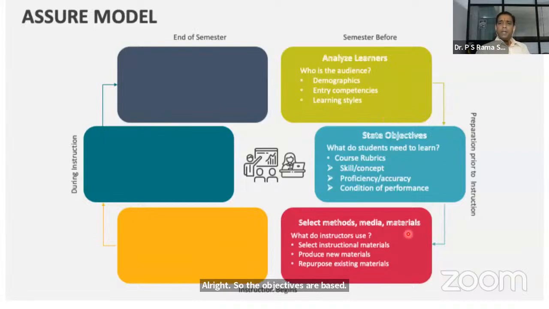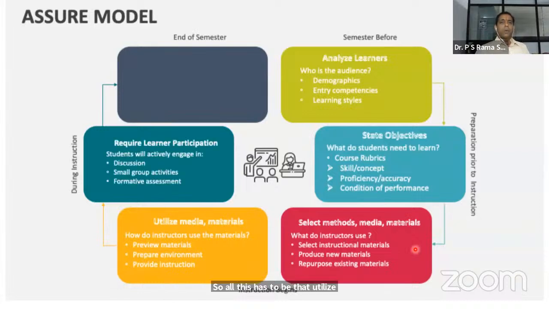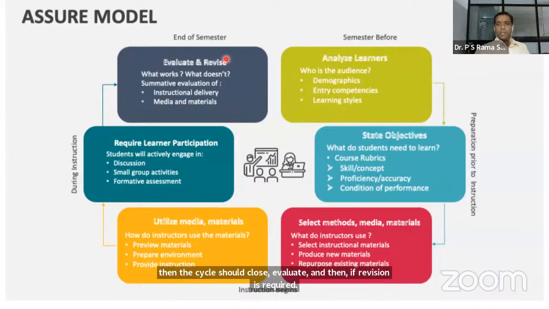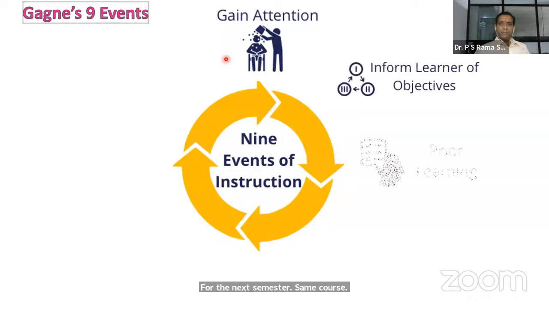Then select methods, media, and materials. What do instructors use? The kind of material you need, right? Then utilize media and materials, and then require learner participation, and then at the end of the semester, how you evaluate, and then the cycle should close. Evaluate, and then if revision is required, you again go to the analysis part, revise it for the next semester, same course. And Gagne's 9 events of instruction.